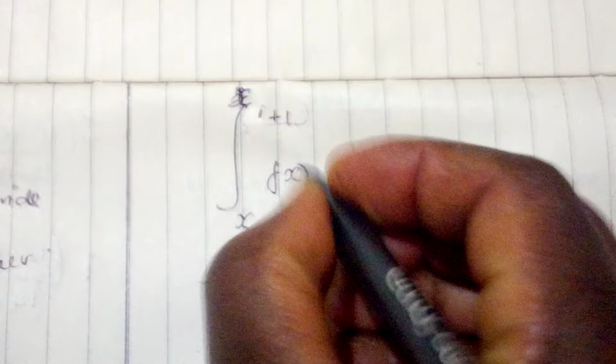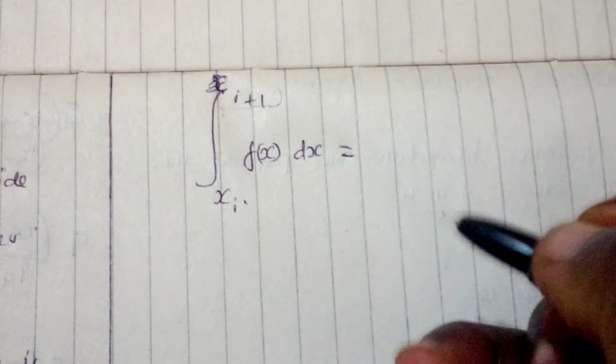Say, for example, the upper boundary of that x is x_{i+1}, and this is x_i. Of course, this x should be greater than the lower boundary, that's why we are putting plus 1. Then we have the integral of f(x) dx, which equals, we want to find the average height.